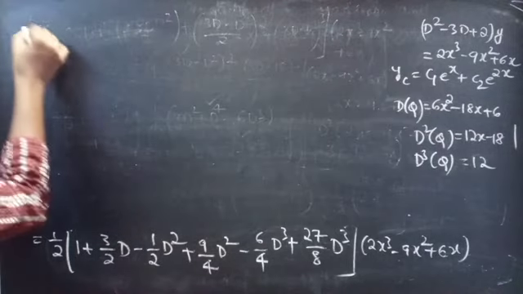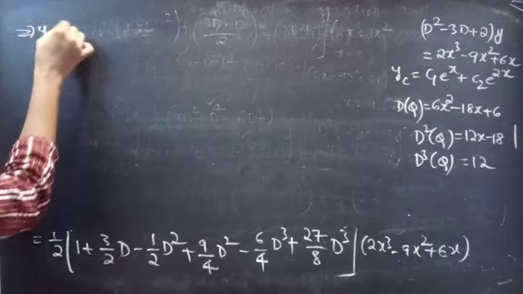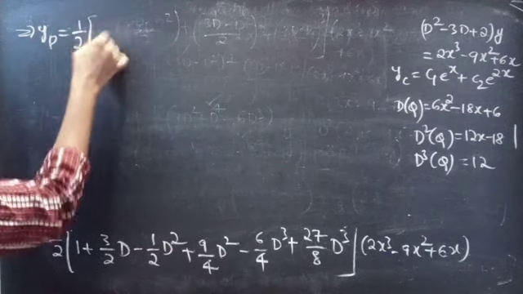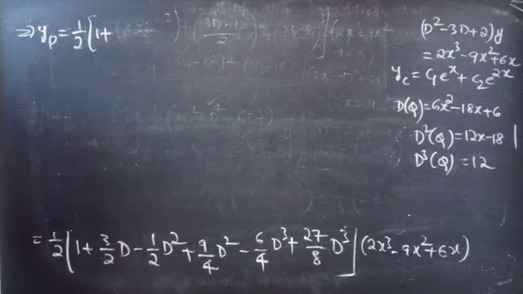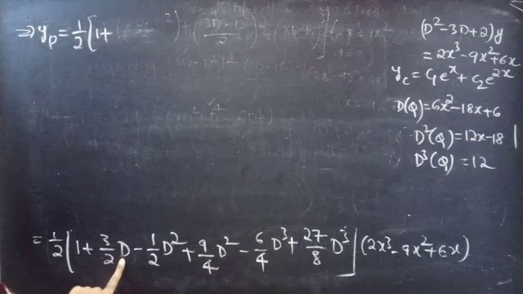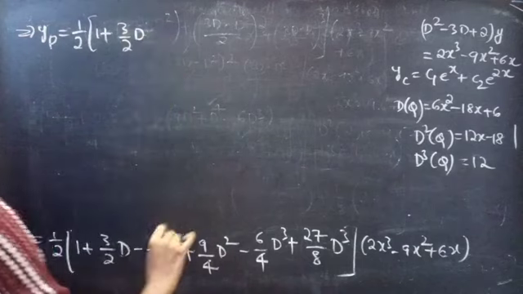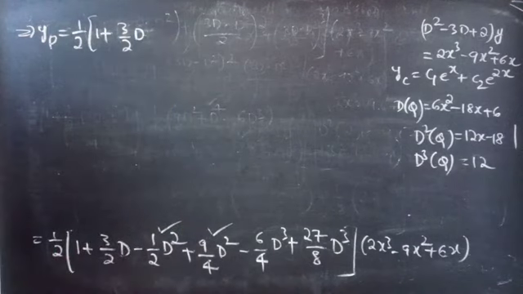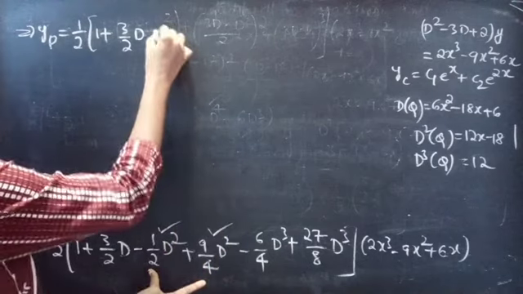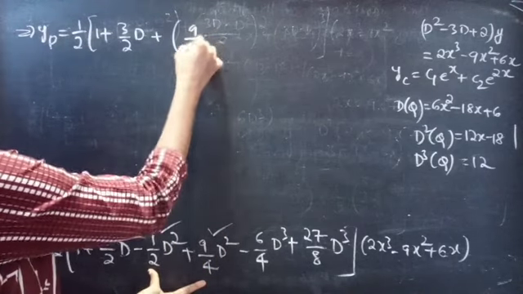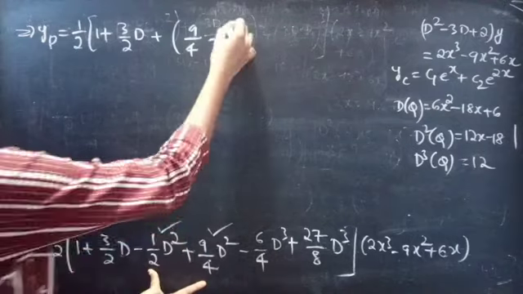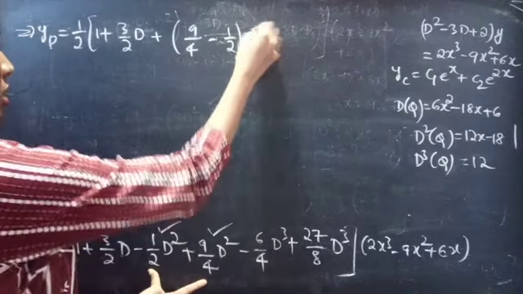Then yp becomes 1 by 2 into 1 plus, the term involving d is only one, 3 by 2 into d. Now write the terms involving d square: 9 by 4 minus 1 by 2, into d square.